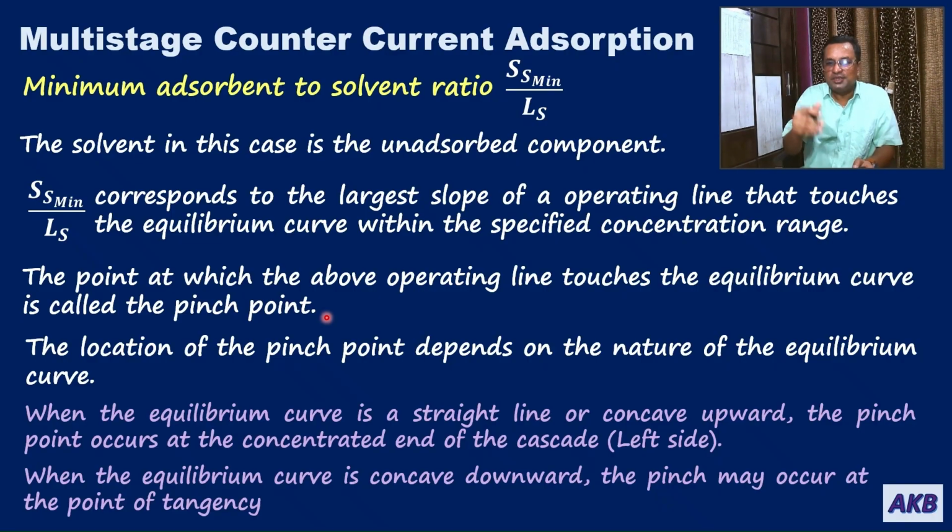Out of these, we are talking about the operating line that has the largest slope and touches the equilibrium curve. The slope of such an operating line is nothing but the minimum adsorbent to solvent ratio. I hope you have understood the concept. Now we will show how the pinch point is located in the two cases.